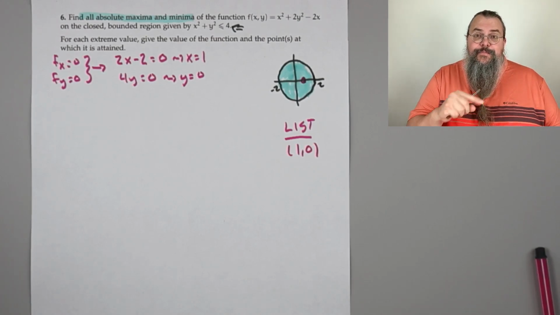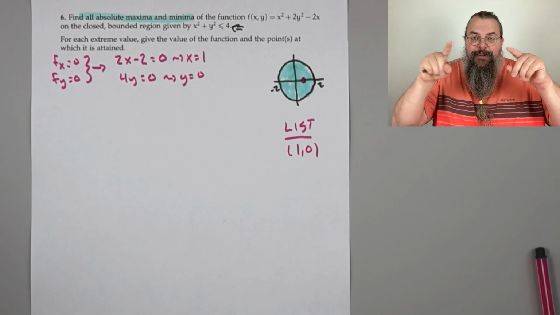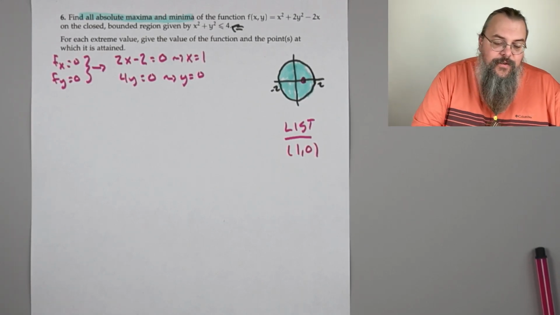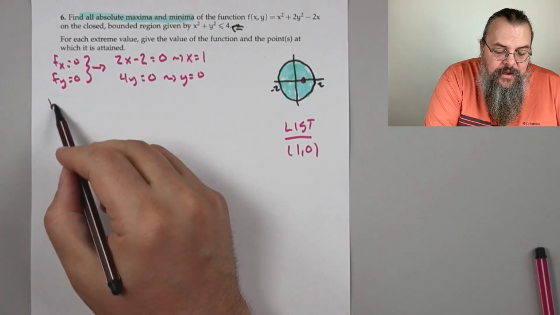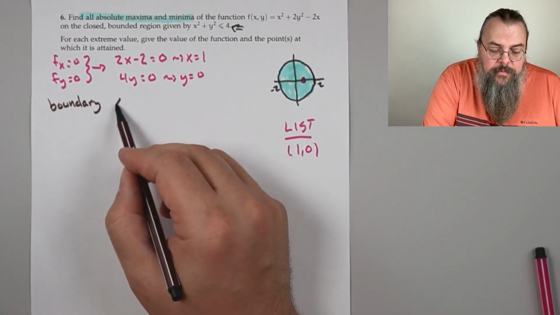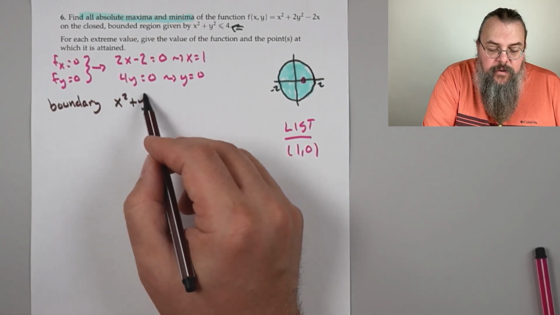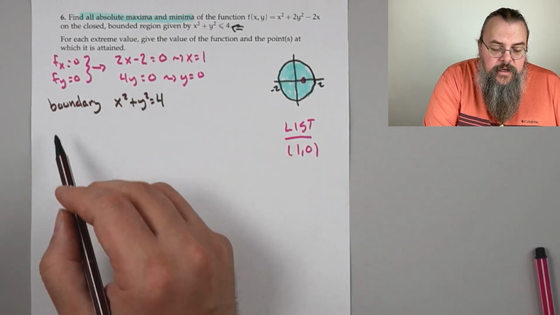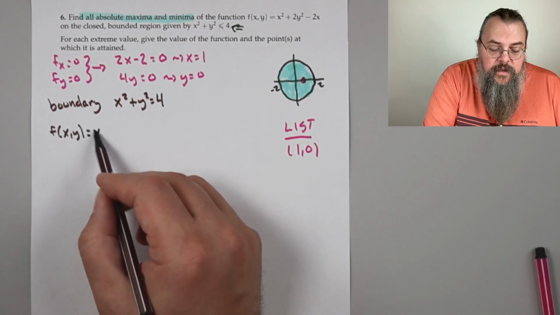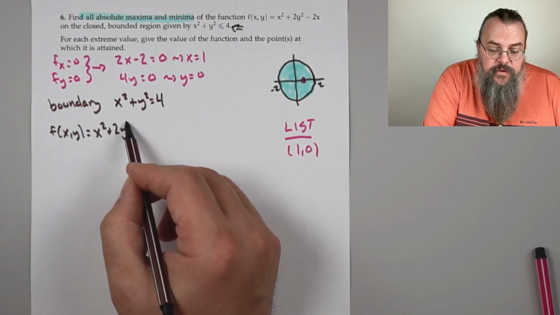Now here, the boundary is not pieces, line segments, it's the circle. So how do we do our boundary? Well, on the boundary, it's x squared plus y squared equals 4. The goal when you're working on the boundary is you say, I don't want a function of 2 variables.